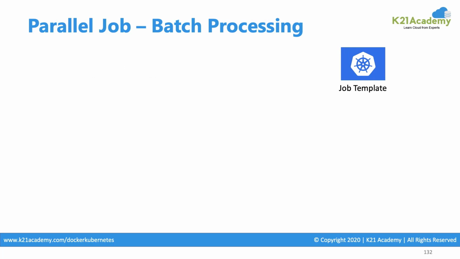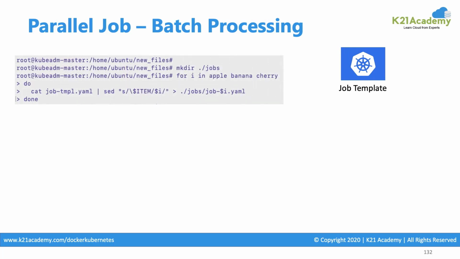So we would have a job template, and from that job template, by executing a loop like this, on the left hand side, if you see the snippet of the code, it says for i in a list of things, right? What do you do? You open this job-template.yaml, and you replace this $item with this i variable, and you create a file called job-$i.